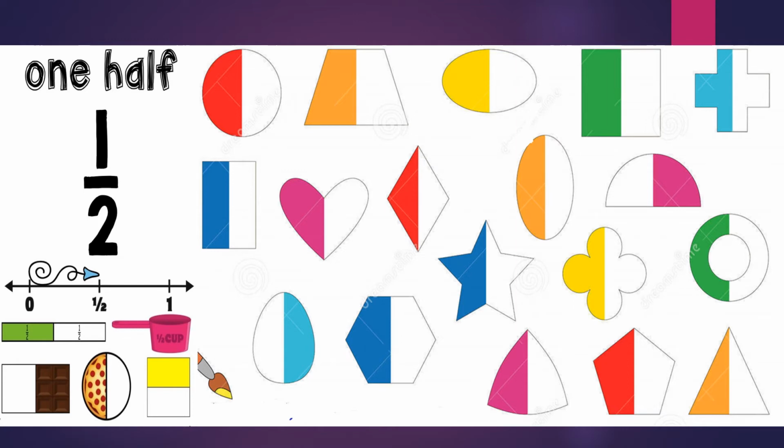So if I ask you which fraction of the heart is pink in color, you can say half, because of the whole you have just one part that is colored pink. So we say 1 by 2, that is half is pink in color.